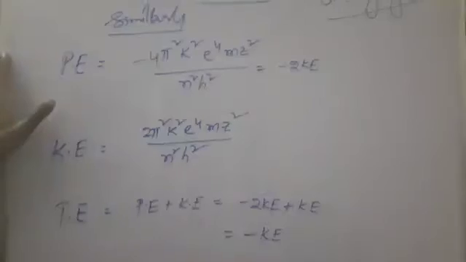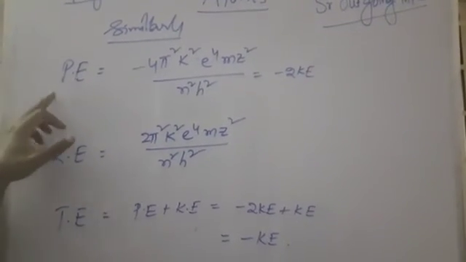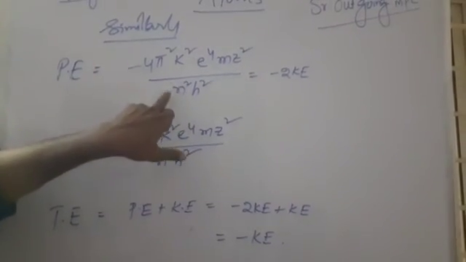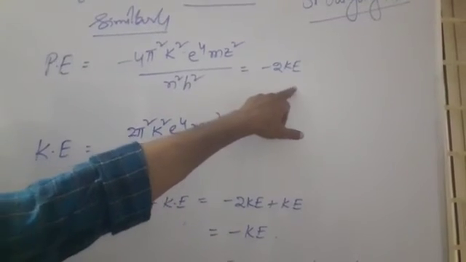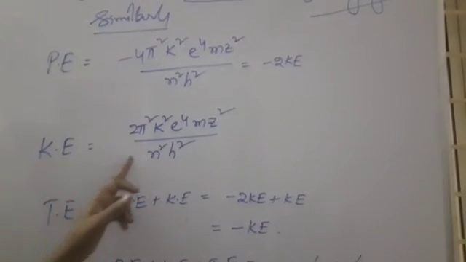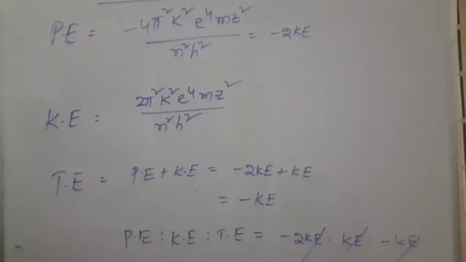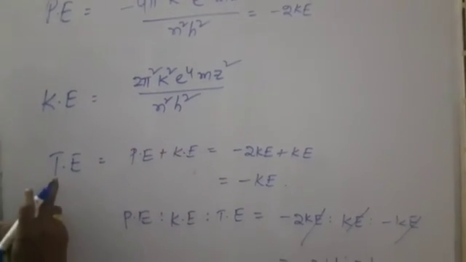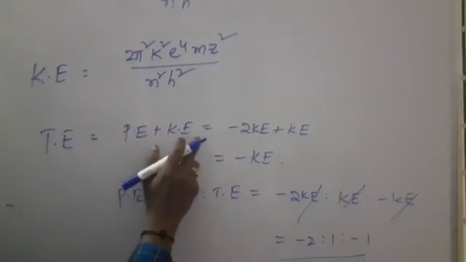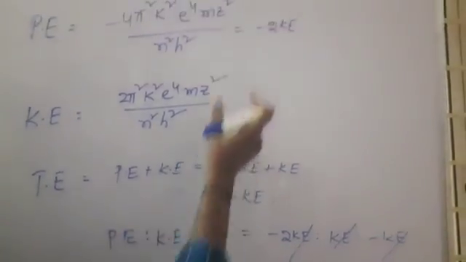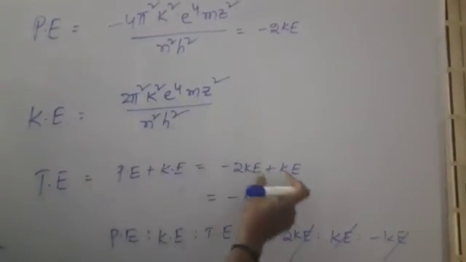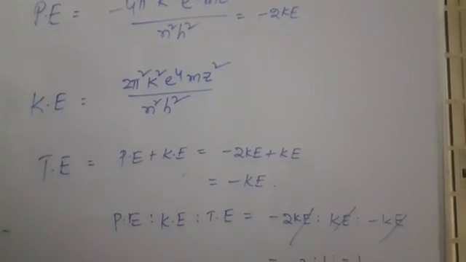Next, the potential energy of the electron in the Bohr orbit is minus 2 times the kinetic energy. Kinetic energy is 2 pi squared k squared e to the power of 4 m Z squared by n squared h squared. Total energy is the sum of potential plus kinetic. Potential energy is minus 2 ke, kinetic energy is ke, so you get minus ke.